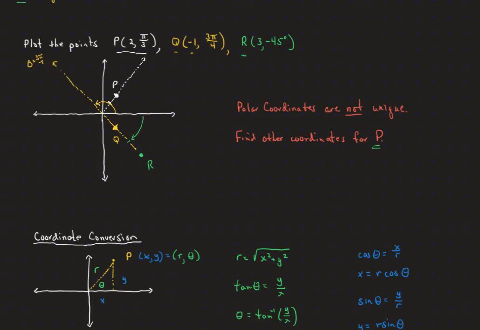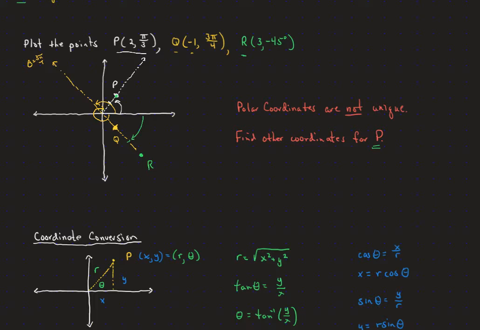Remember, P is over here in quadrant 1, and it is a length of 2 from the pole at an angle of pi over 3. Well, one thing we could do is, instead of getting to this pi over 3 this way, we could run our angle going negative.